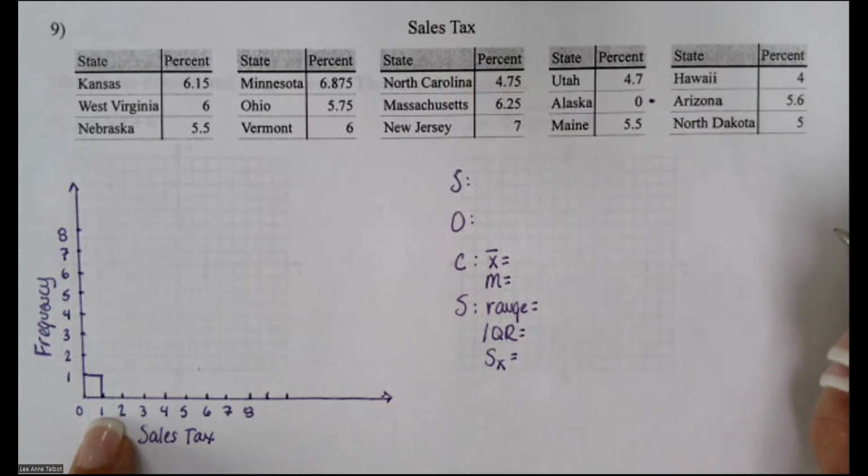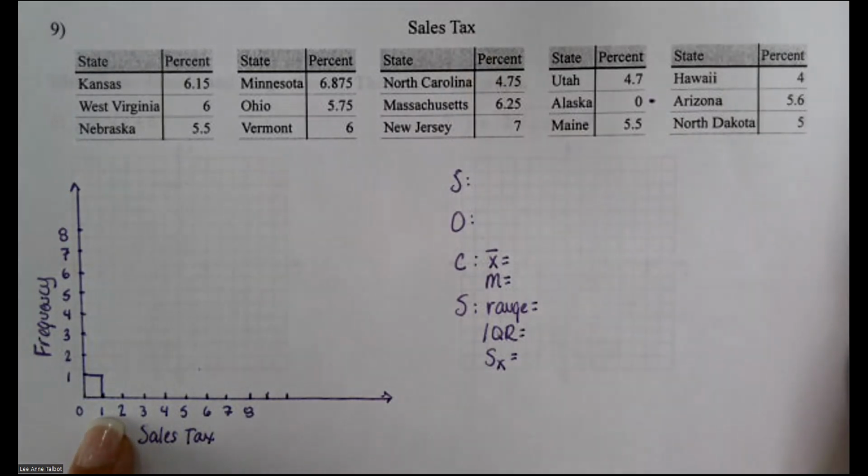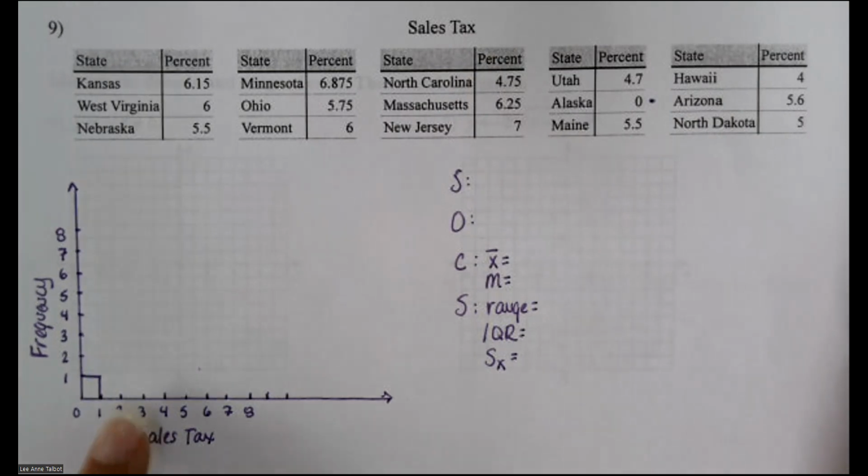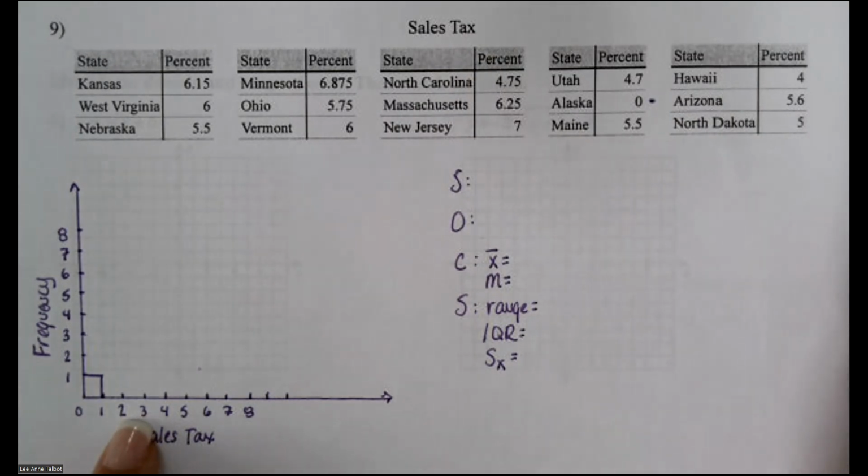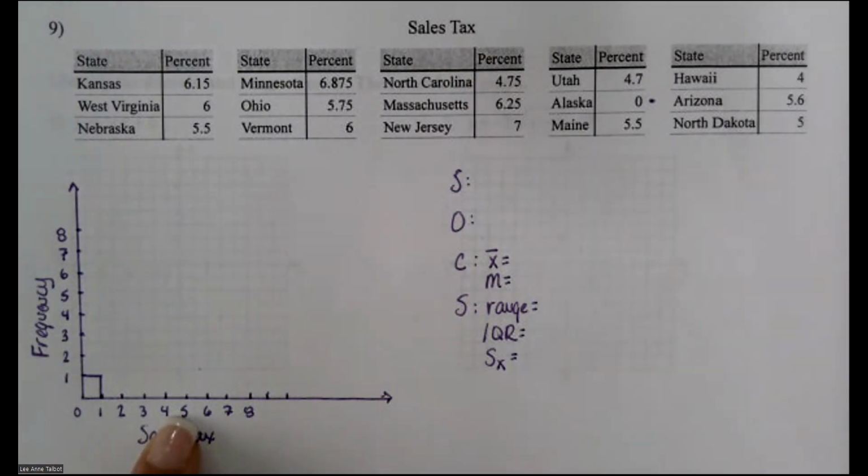Okay, how many numbers are between 1 and 1.9 repeating? None. 2 and 2.9 repeating? None. 3 and 3.9 repeating? None. Oh goodness, does that mean that 0 is probably an outlier then? Yeah. Okay, 4 to 4.9 repeating?